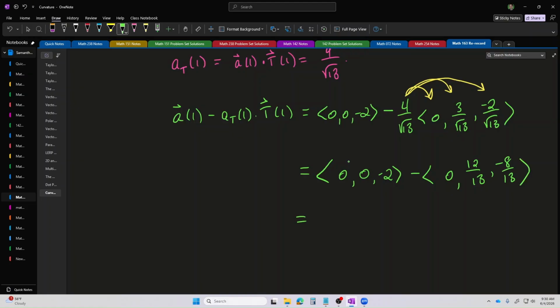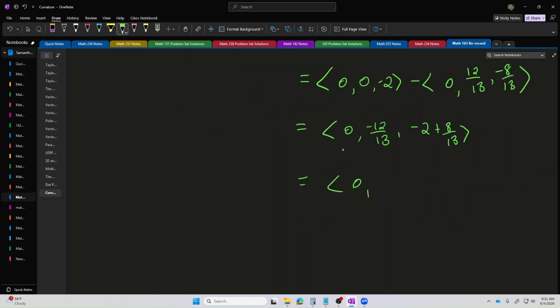Then if I do the subtraction, I get 0, negative 12 over 13, and then negative 2 plus 8 over 13. So that simplifies to negative 12 over 13 in the y component and negative 18 over 13 in the z component.